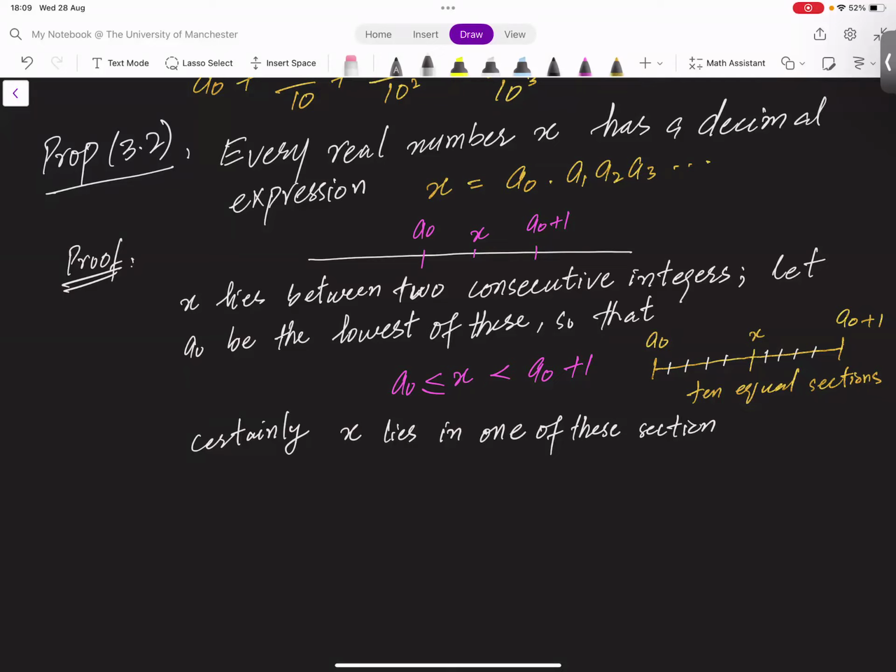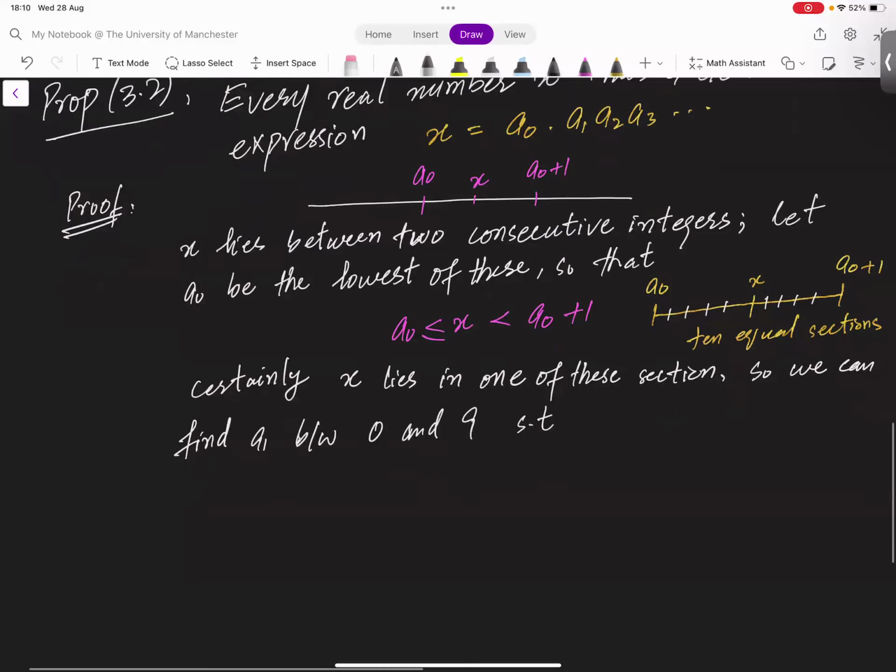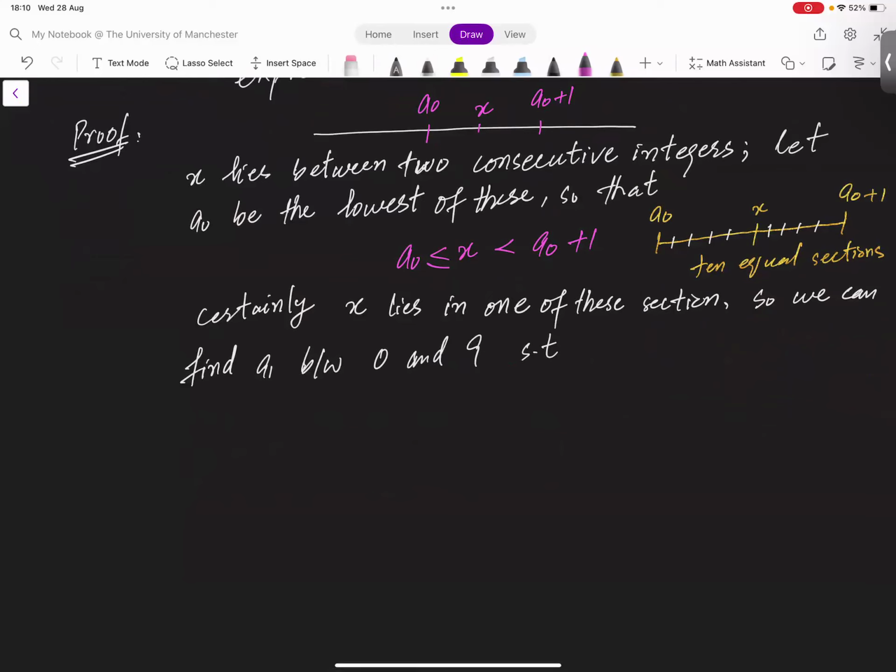Now we can find a1 between 0 and 9 such that x lies in one of these sections. So we can write a0 plus a1 over 10 is less than or equal to x, and x is less than a0 plus a1 plus 1 over 10.